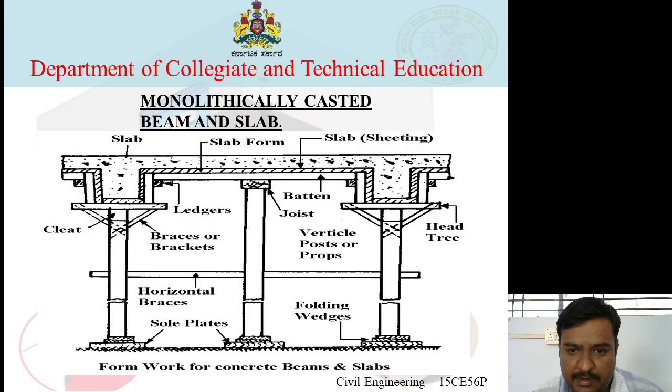All these dimensions and quantities we will calculate in session 2 in detail. For the time being, we just see the cross section diagrams and what timber formworks are required for the beam and slab. So this is the diagram for slab formwork.